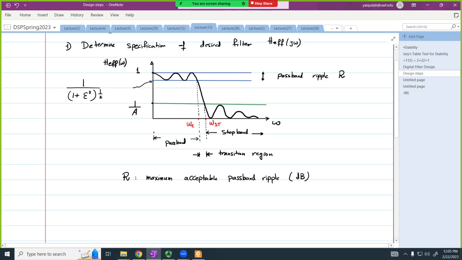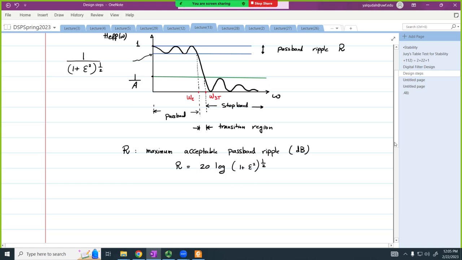And therefore R is going to equal 20 log of the square root of 1 plus epsilon squared, which equals 10 log 10 of 1 plus epsilon squared. So R is defined in dB.